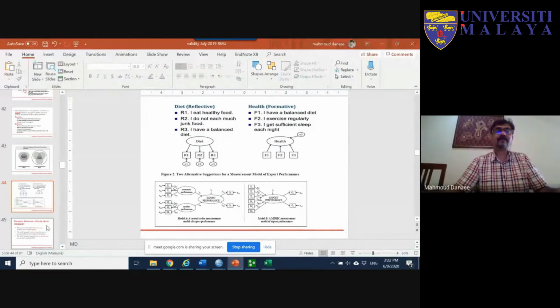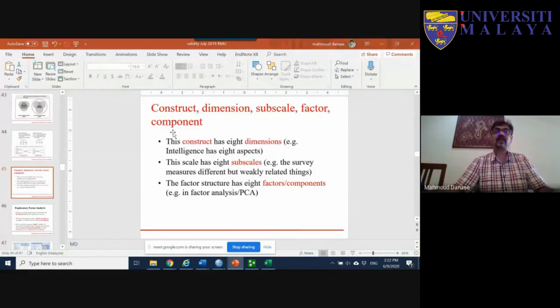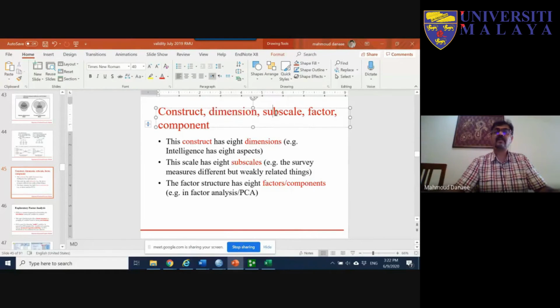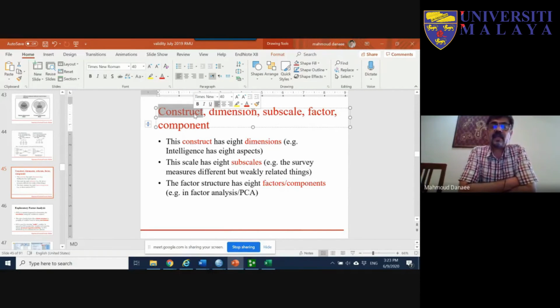Okay, now back to construct validity. Before moving to construct validity, let's talk about dimension, sub-scale, factor, component, and construct. There are some similar, synonym terms that you can see in articles, papers or statistical books.